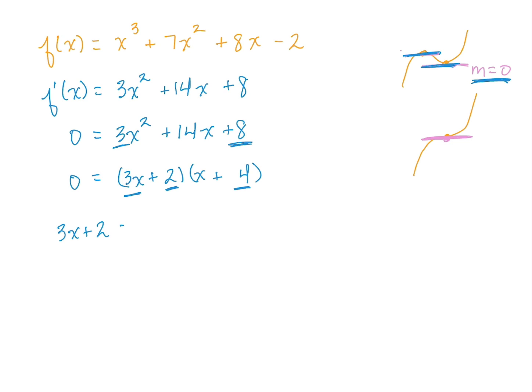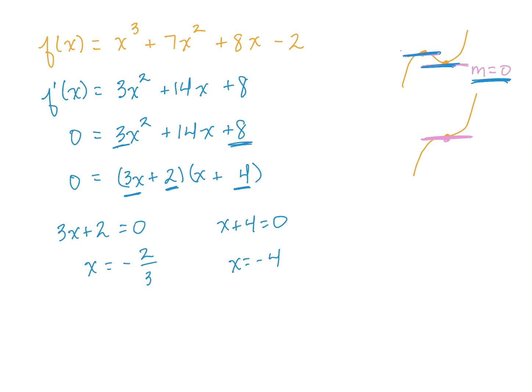So 3x plus 2 equals 0. If I subtract 2 and then divide by 3, that's going to give me negative 2/3. And then if I set x plus 4 equal to 0, that means when x is negative 4, I have another critical point. That's another place where the derivative is equal to 0.